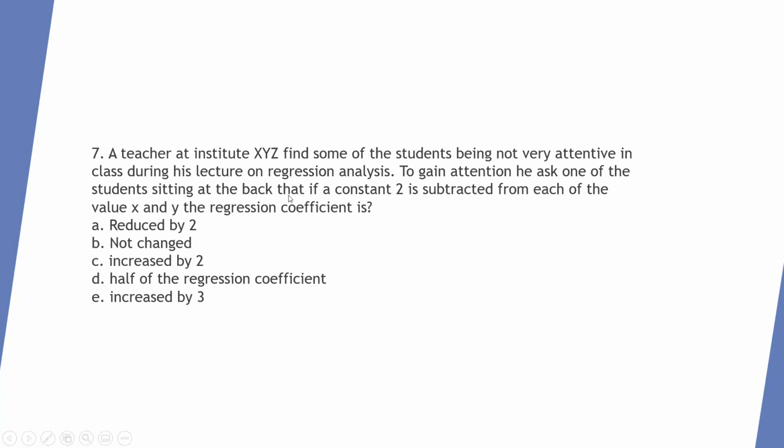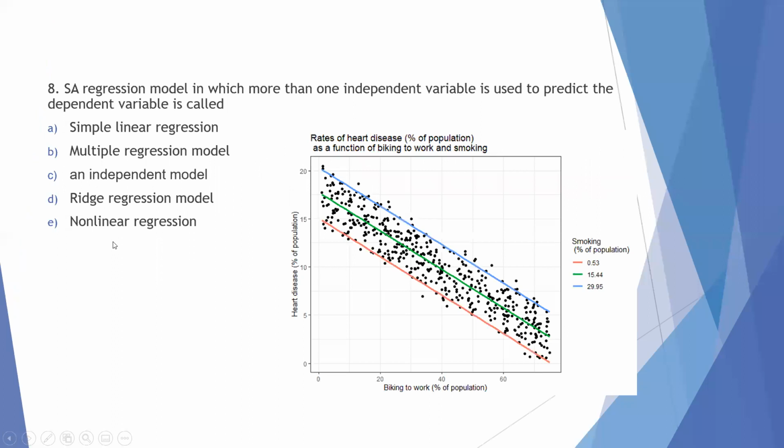We have subtracted a constant of 2 from each value of x and y. What will be the effect on the regression coefficient? Yes, B is the right answer, because since we are subtracting the constant from both of the values, it will not be changed.